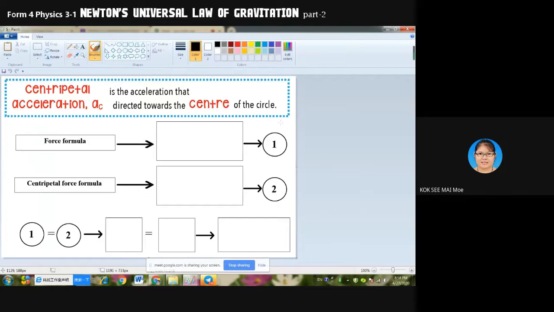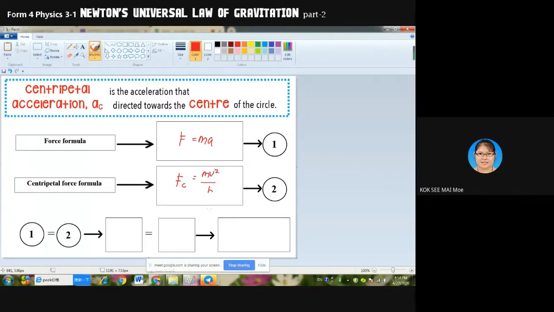So from here, they just want to create the formula only. What's the formula for the force? First one, the formula for force, F equals ma. Centripetal force, F_c, is mv squared over r.